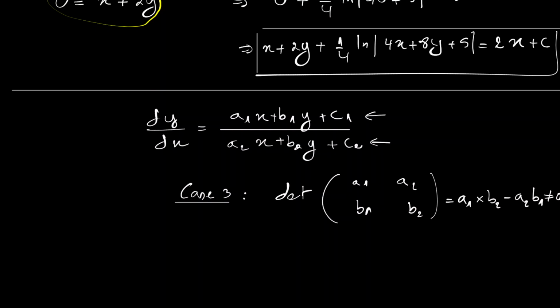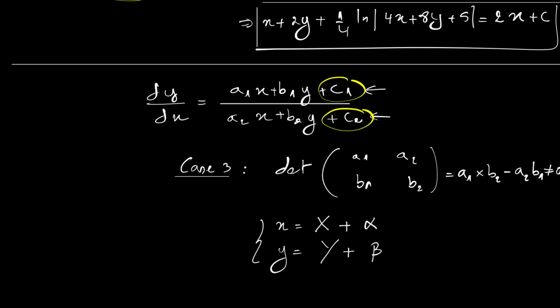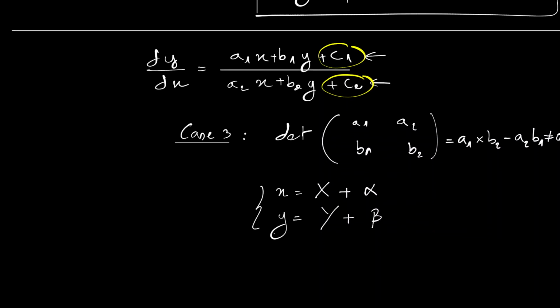So we use a translation of the variables, which is x equals big X plus alpha and small y equals big Y plus beta, to remove the constants C1 and C2, leaving us with a homogeneous equation in big X and big Y.